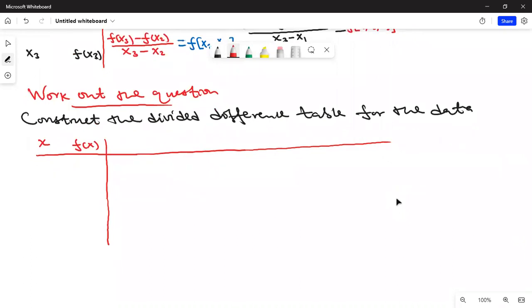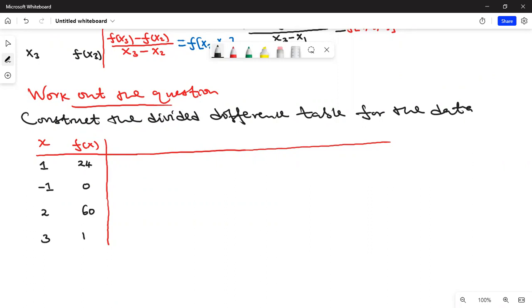Look at our data. We are starting with 1 as the value of x. Then f of x is 24. So 1, 24. When x is negative 1, f of x should be 0. We have 2, 60, 3, 120.